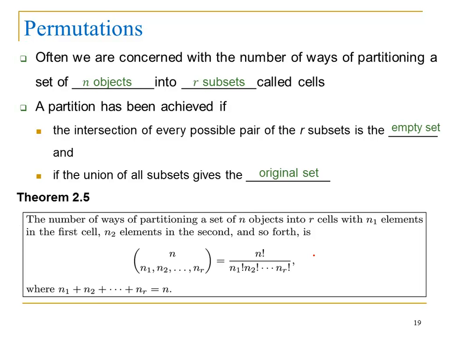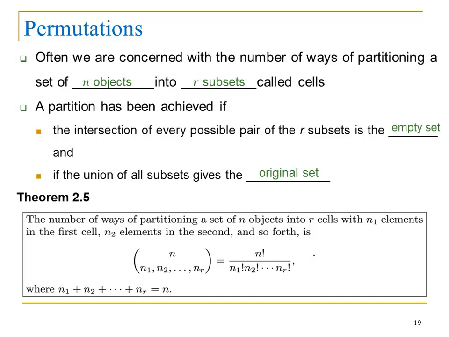So using this theorem, the number of ways of partitioning a set of n objects into cells with n1 elements in the first set, n2 elements in the second one, and so on, is the same expression, but now we're using a notation to denote this type of problem. So we have n over n1, n2, up to nr, and we know that the sum of these sets or partitions is going to be equal to the total number of outcomes or units.